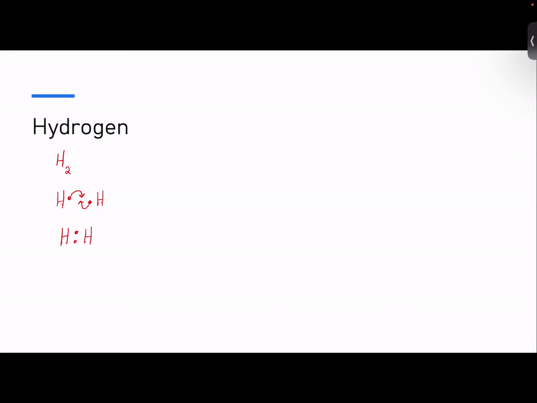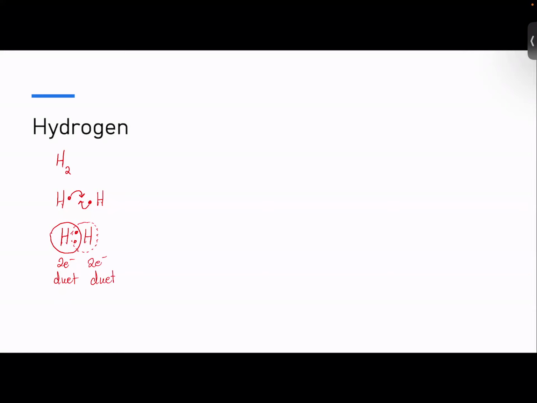Now, the hydrogen on the left views itself as having a pair of electrons called a duet. The hydrogen on the right also views itself as having a pair of electrons or a duet.